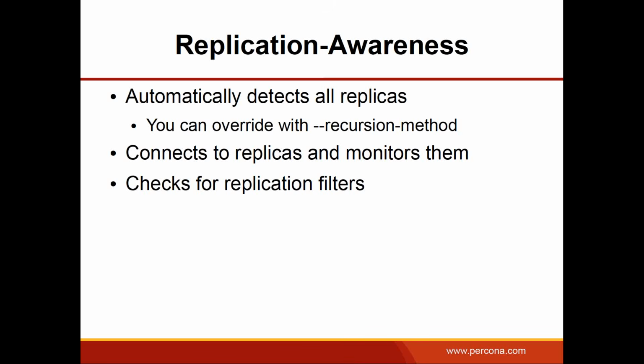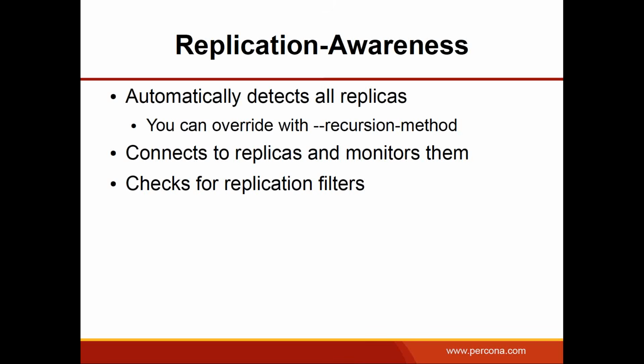So there's a recursion method option that you can specify to control how the tool will detect and connect to replicas. And if you're familiar with pt-table-checksum, this is exactly the same code that's used here. There's an additional option where you can actually point it at a table which contains the specifications of exactly the servers that you want it to connect to.